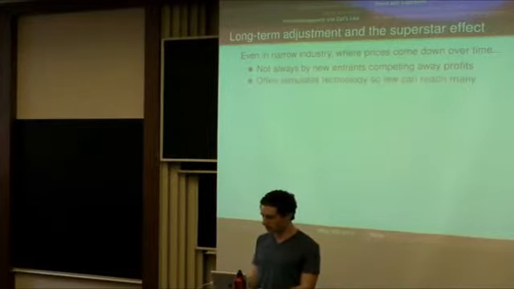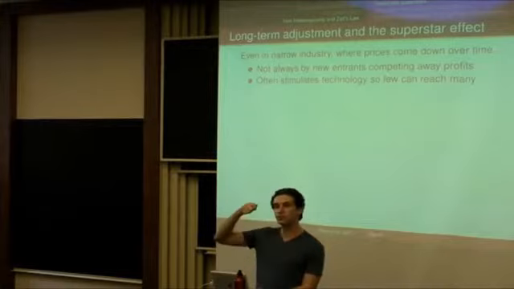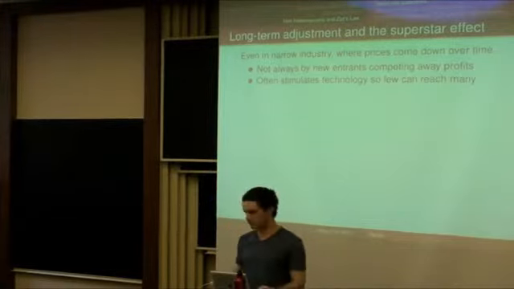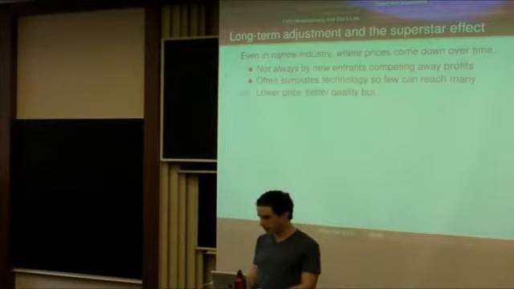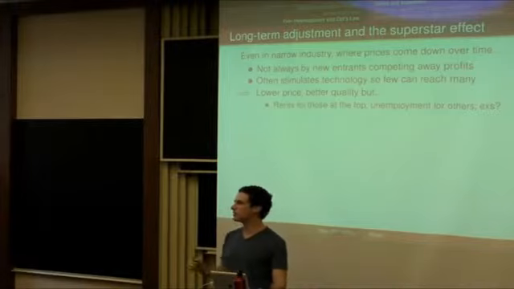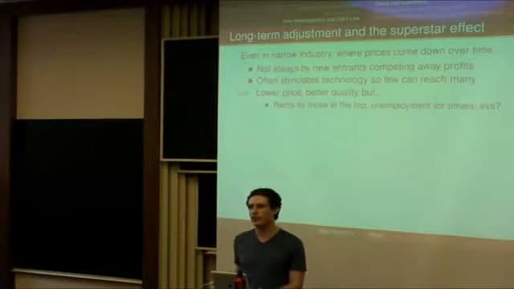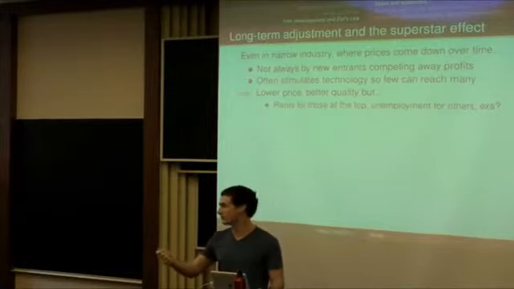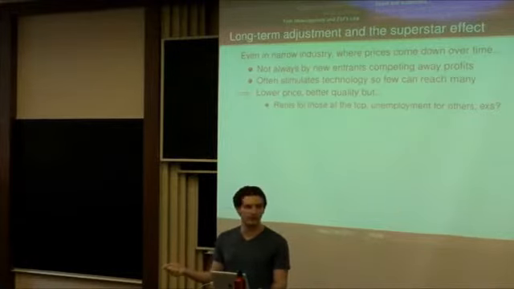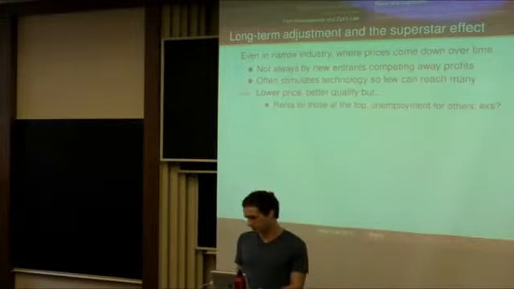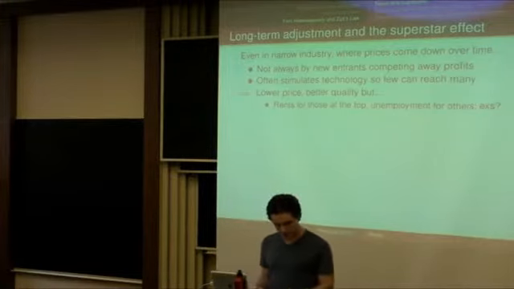Sometimes it can happen by the few people at the top of the industry figuring out a way to reach even more people. This, even though it does lead to lower prices and a more elastic demand curve in the long term, can often lead to higher profits for the people at the top and unemployment for everybody else, rather than to lower profits for the people at the top.